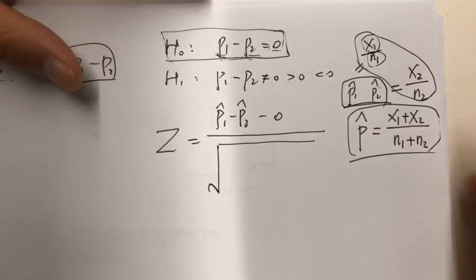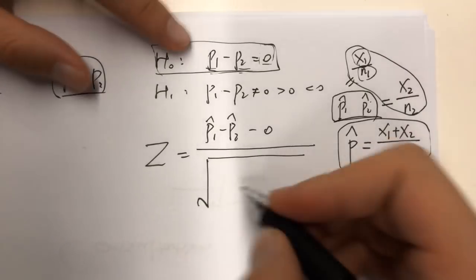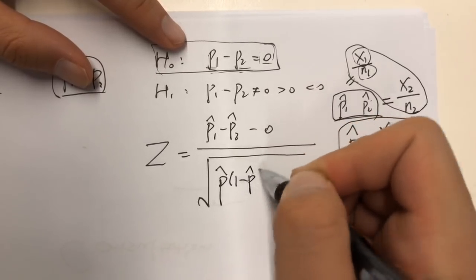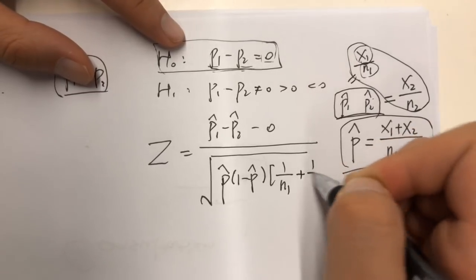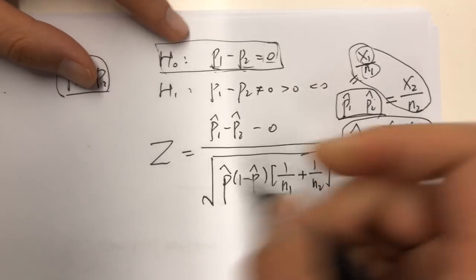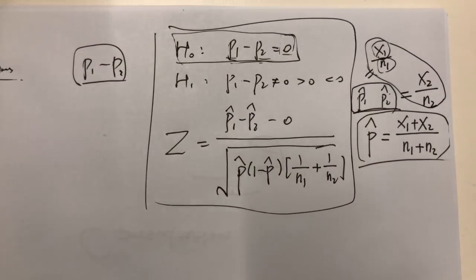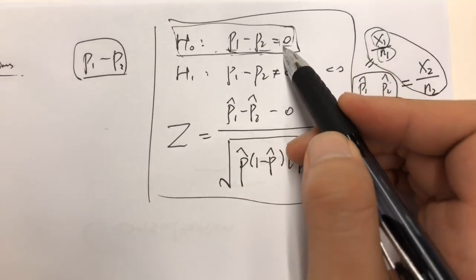This is what we call a pooled estimate, or pooled P hat. So we put pooled P hat times 1 minus P hat, and then times 1 over n1 plus 1 over n2. This is the specific case for P1 minus P2 equals 0.